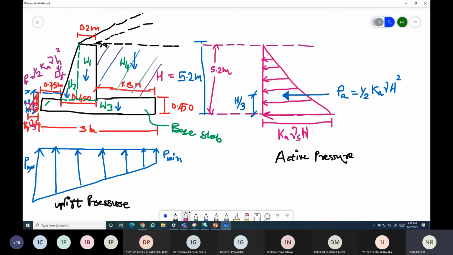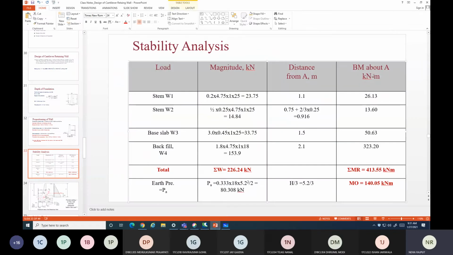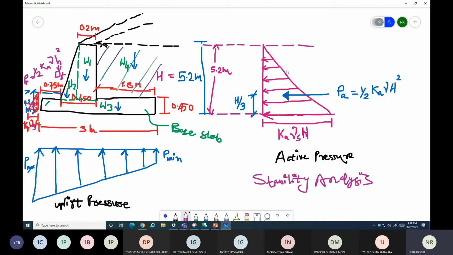Now depending on this diagram, you need to prepare one table for the stability analysis. I am showing you the table. This table has, as the first part, the load, in terms of the type of load acting on this retaining wall.